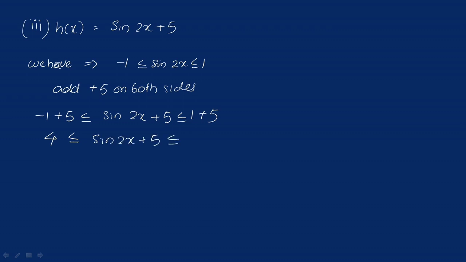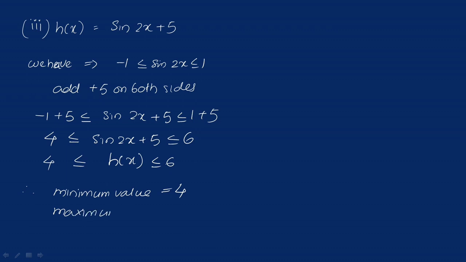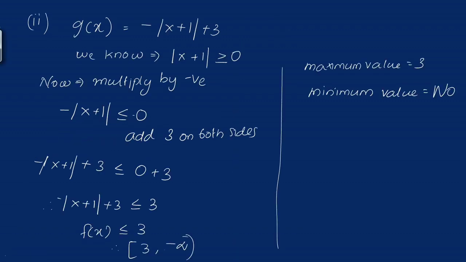What is minus 1 plus 5? That is 4. So 4 less than or equal to sine 2x plus 5, that is h of x, less than or equal to 6. So we have minimum value 4 and maximum value 6.